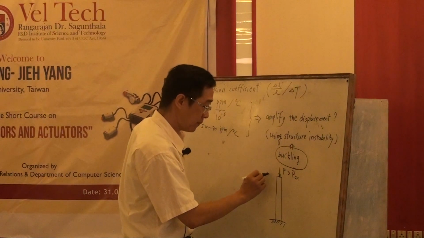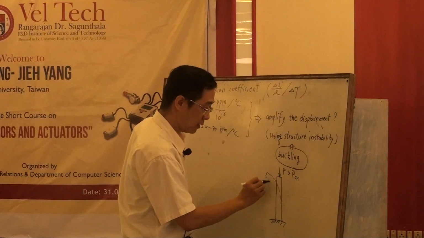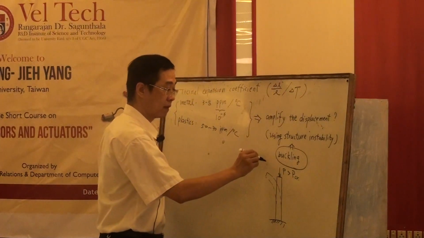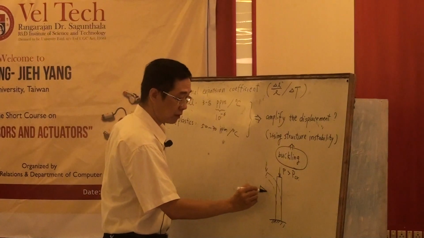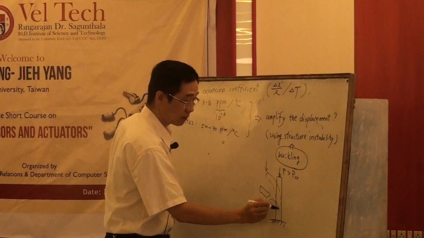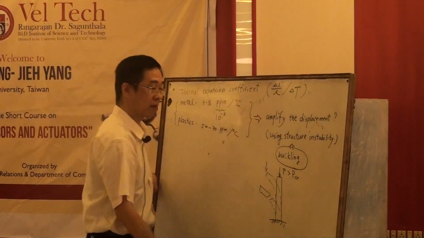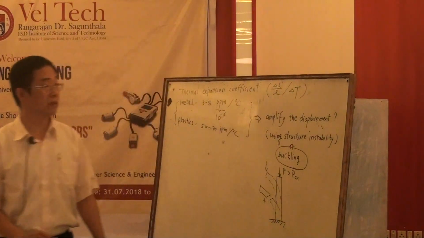How does it collapse? It will bend in this way and keep bending, and finally crash. It's a buckling.